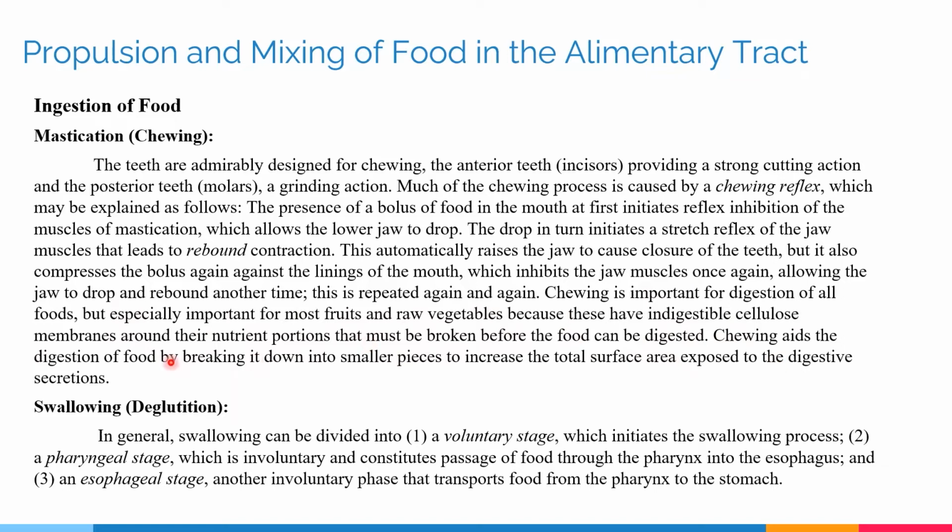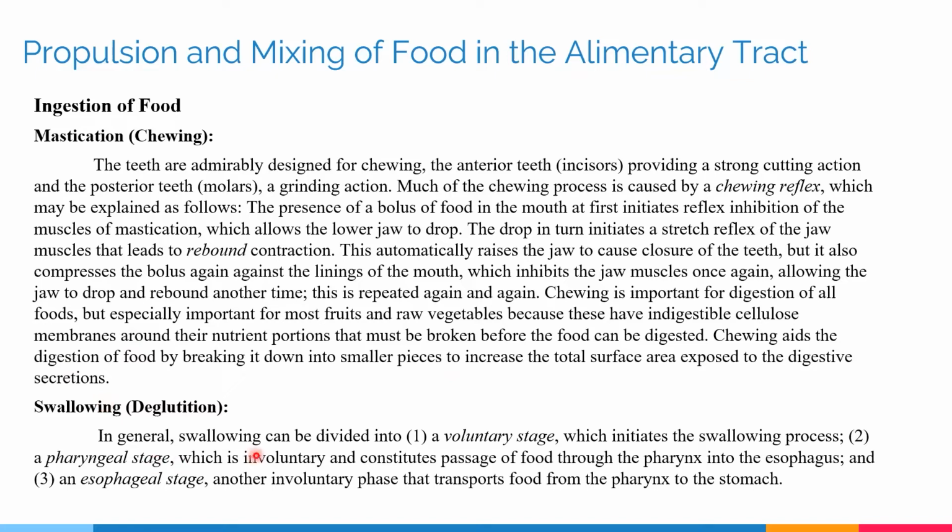Chewing aids the digestion of food by breaking it down into smaller pieces to increase the total surface area exposed to the digestive secretions. The next step in the process is the swallowing or deglutition of the bolus of food.